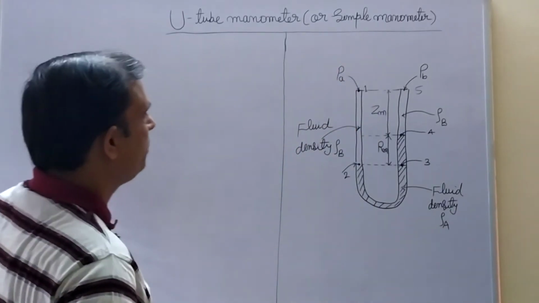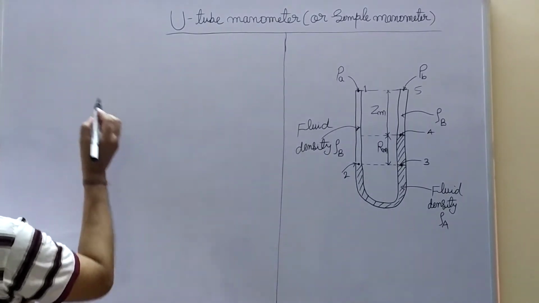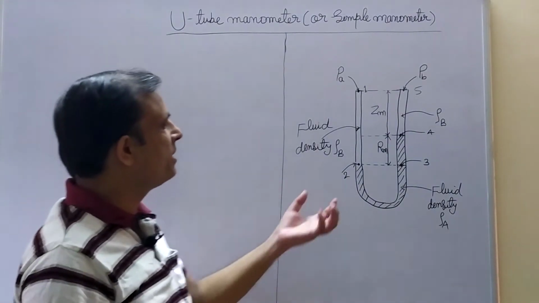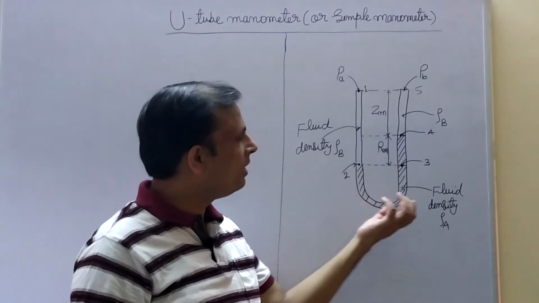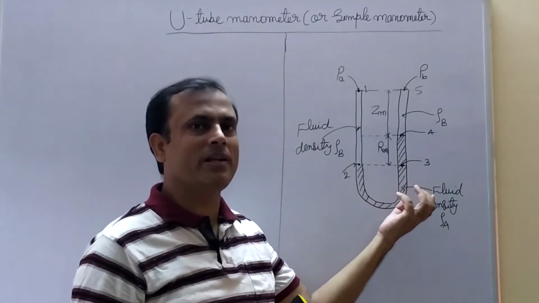Now we are going to discuss. First we will write the total pressure in the left limb or left leg, and the total pressure in the right limb or right leg.